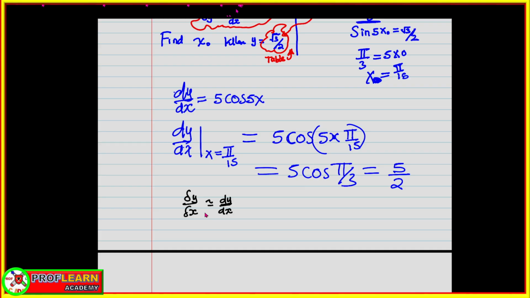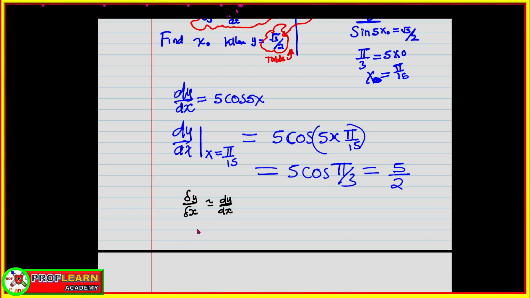In this case, we already have dy/dx, and we have a small change in y, which is 0.01, so we can find a small change in x.